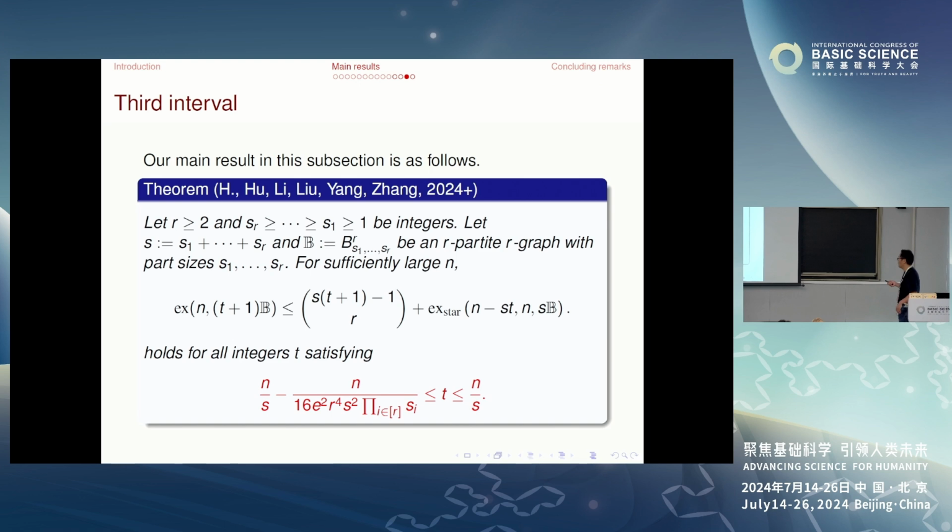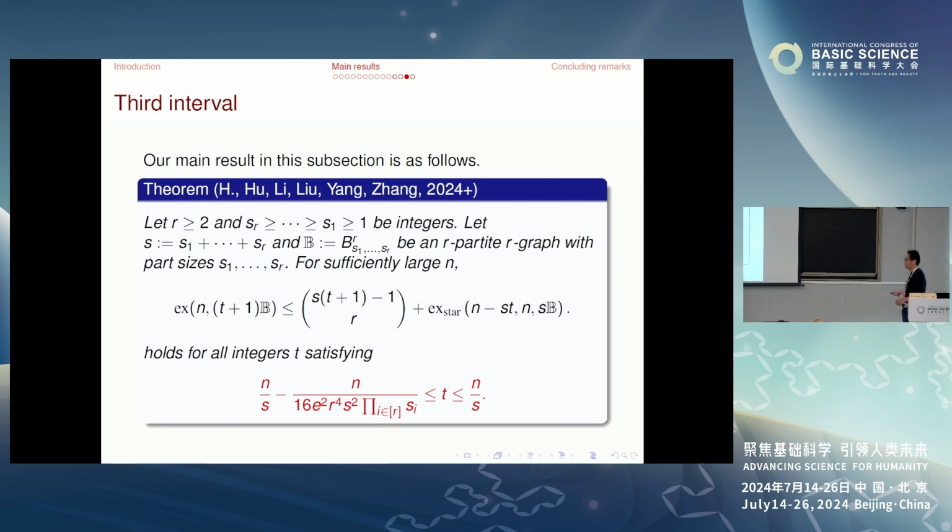If B is an r-partite r-graph, we know that the upper bound of its Turán number is at most something like this. And we know that t is at most n over s, and n over s minus something like, I'm sorry. Okay, we don't know the exact bound of this one, but we can give an upper bound.